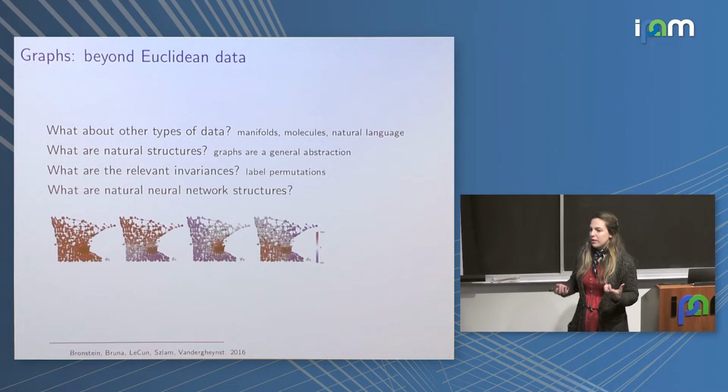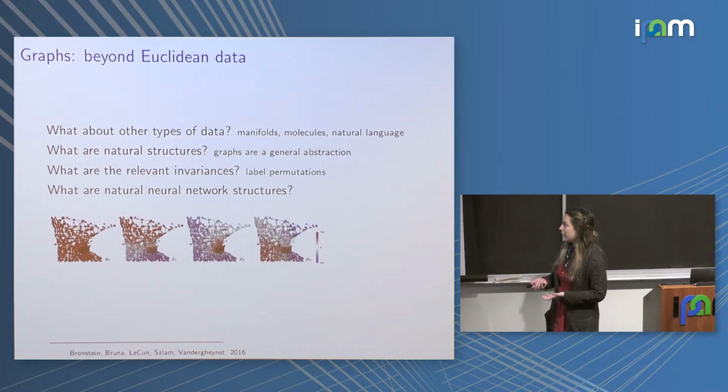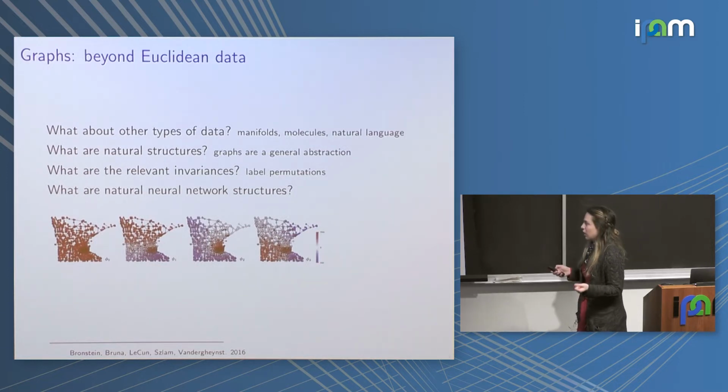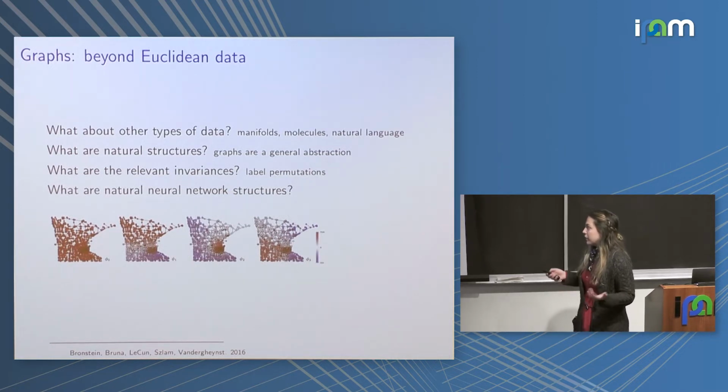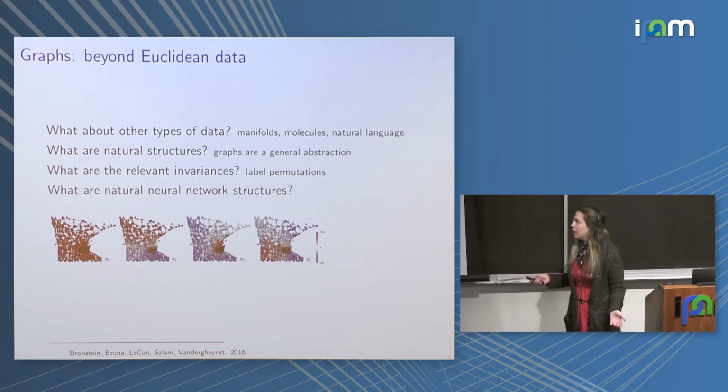So maybe the representation that you want needs to be permutation invariant or equivariant with respect to the labels of your graph. And I'm going to describe what are natural neural network structures, for instance graph convolution networks and spectral GNNs, etc. And how can we analyze this?